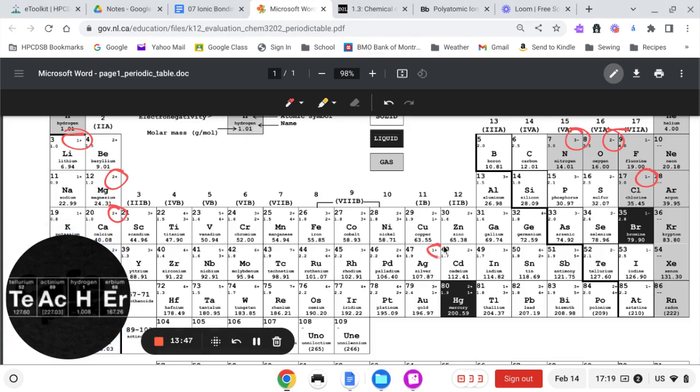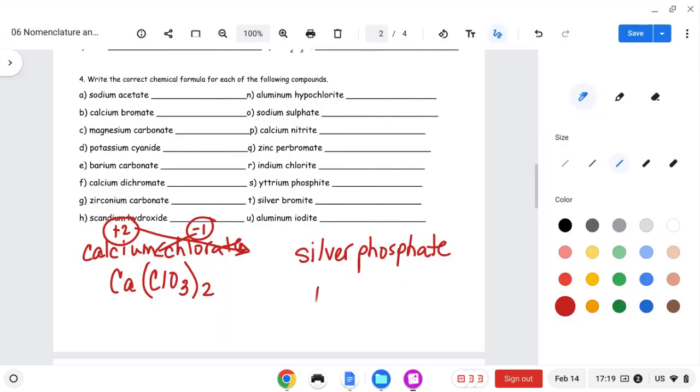So we'll write it down. There's silver, and it has a charge of +1. We need to know that because of the crisscross rule. And again, if it was phosphide, IDE, I know it's the element on the periodic table. When I see ATE or ITE, then I know it's a polyatomic ion.